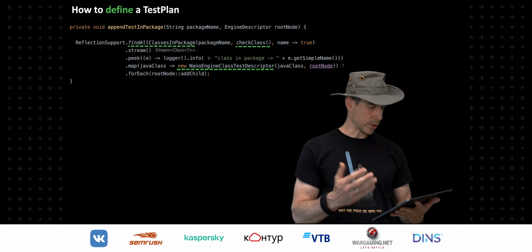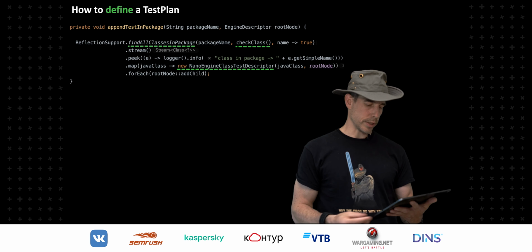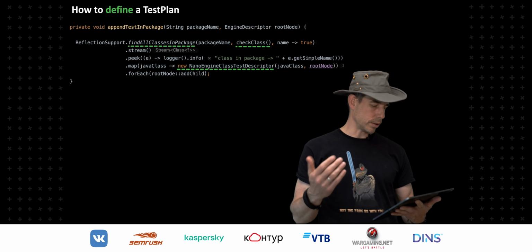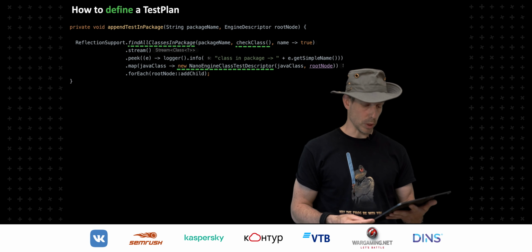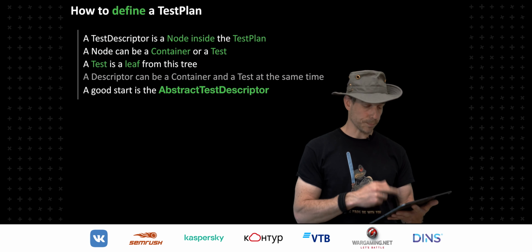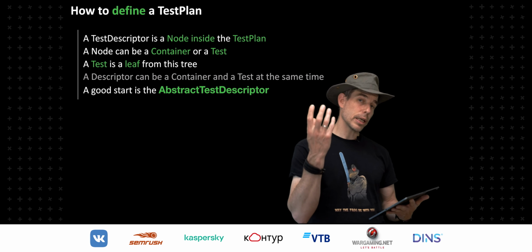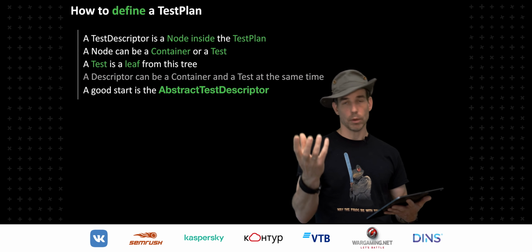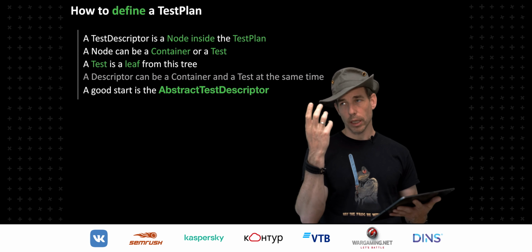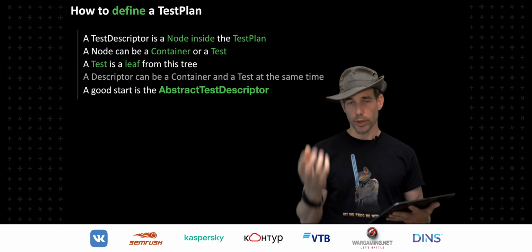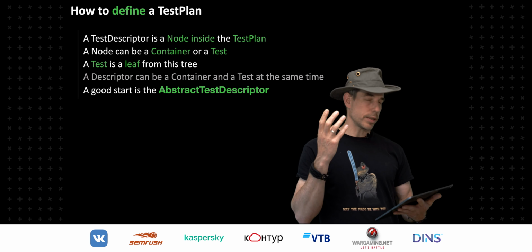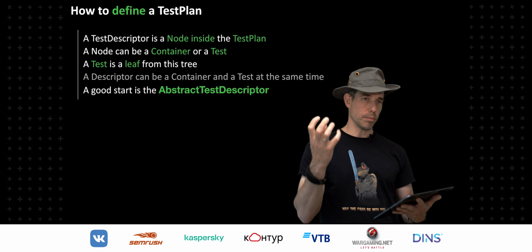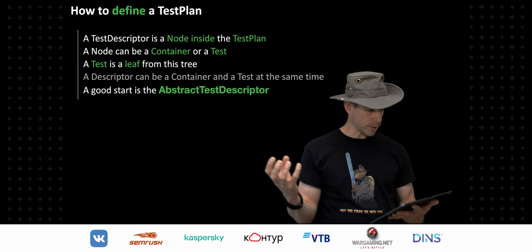And here, for example, for everything in a package, I just say check my class and then go to every class and add this one. Okay, so what's the test plan? If I'm doing all this stuff, I have a tree, not a graph, a tree, and this is built on the base of test descriptors.